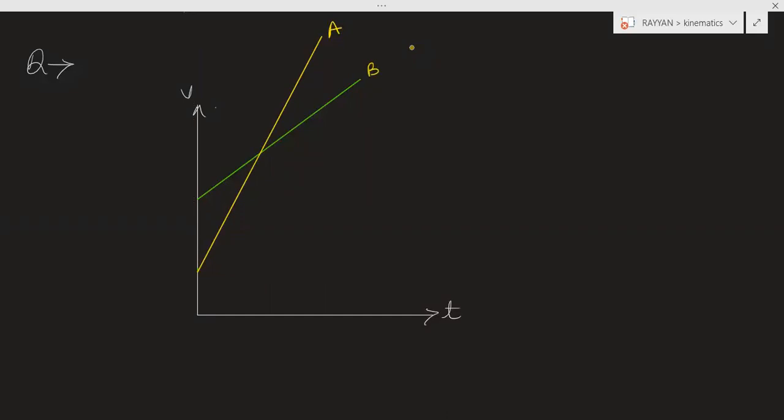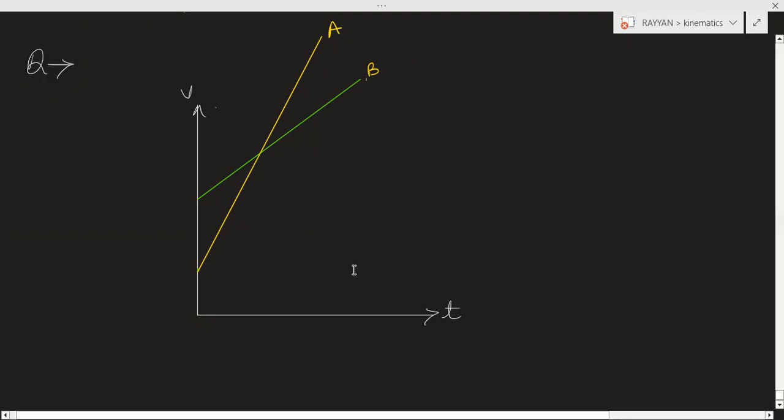You have to tell which of the two bodies has more acceleration. Just a minute. The graphs of two bodies are given. The graph of body A is this, the graph of body B is this.